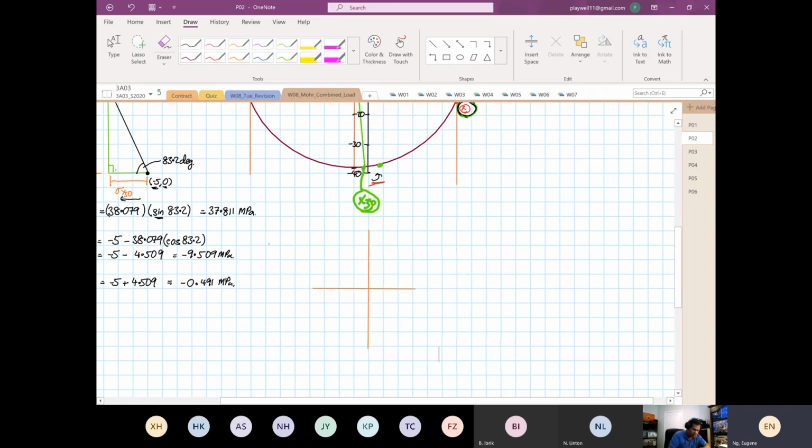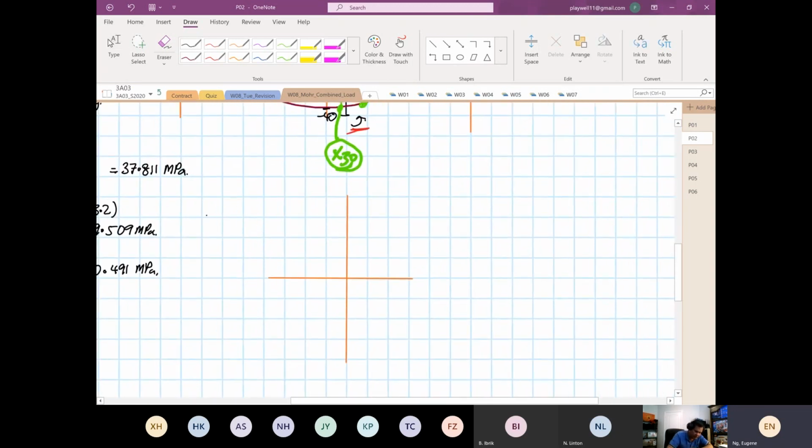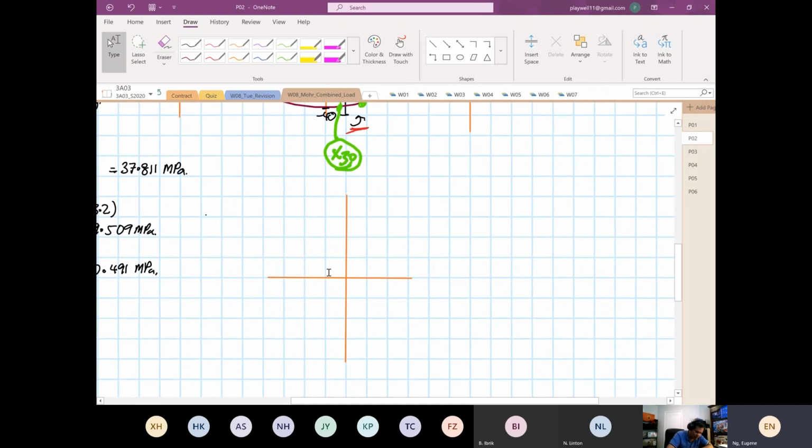Then it's going to rotate clockwise by 30 degrees. So I'm just going to guesstimate that this is 30 degrees. Okay, so this is my 30 degrees orientation. All right, so this is my 30 degrees orientation clockwise.